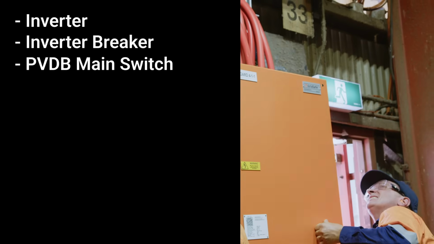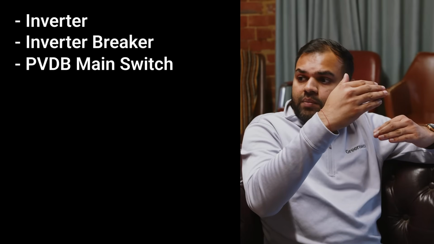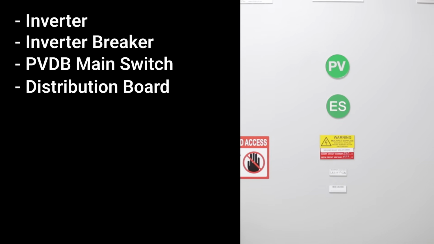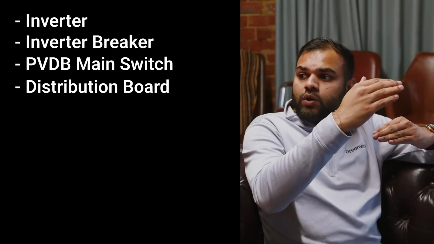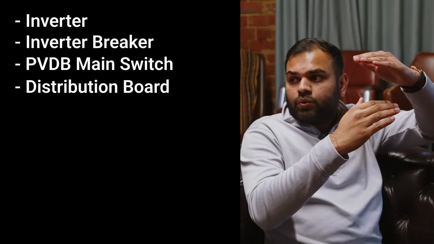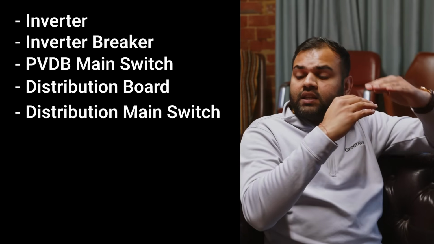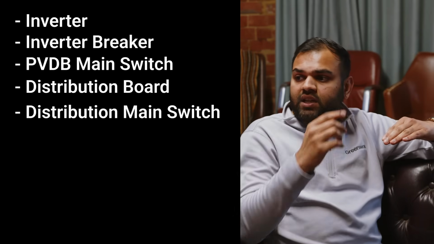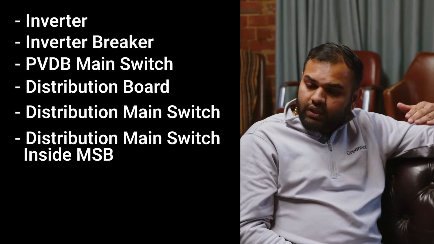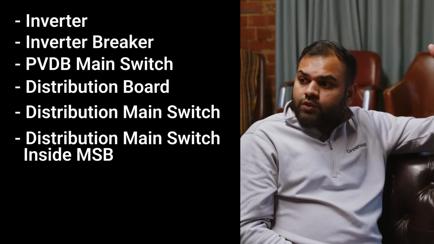Yes. Because there might be multiple inverters. Yep. Then it goes up to, for example, if the PV is connected to the distribution board. Yes. So the PV main switch would be in the distribution board, and then it would be going through the distribution main switch. Yes. And then in the MSB, for example, that DB is connected in the MSB. So it will be going through the DB main switch in the MSB, then main switchboard main switch.